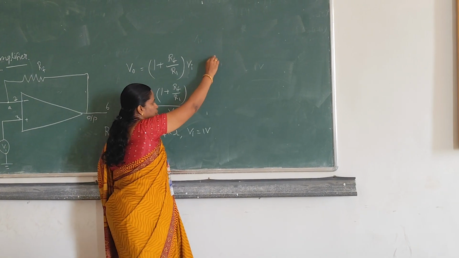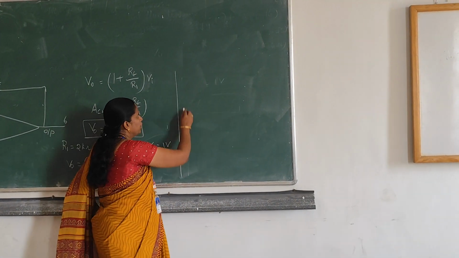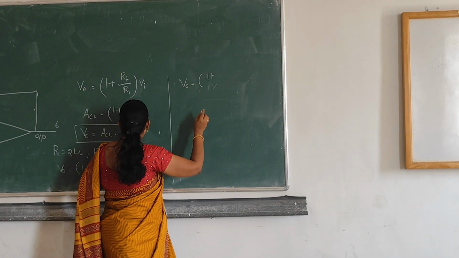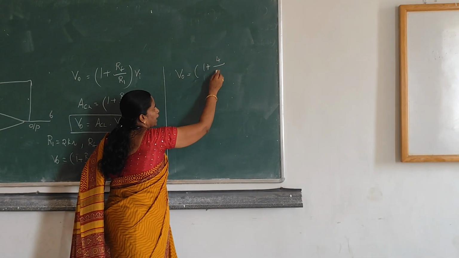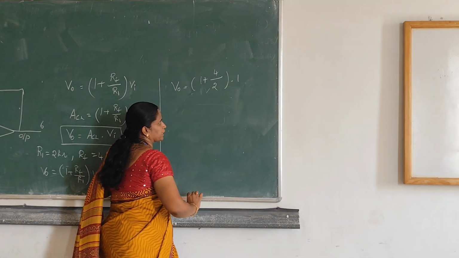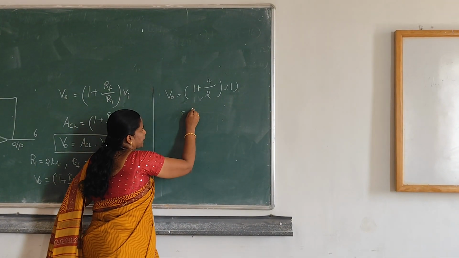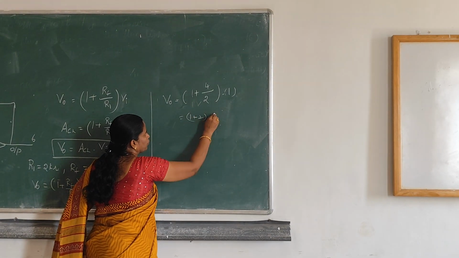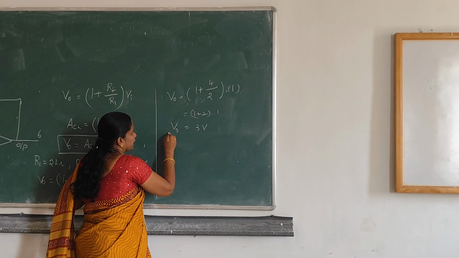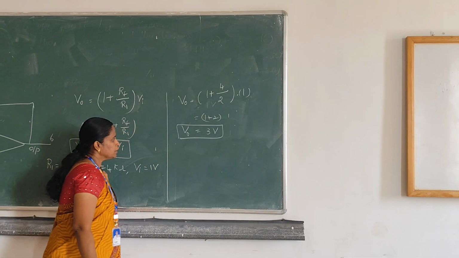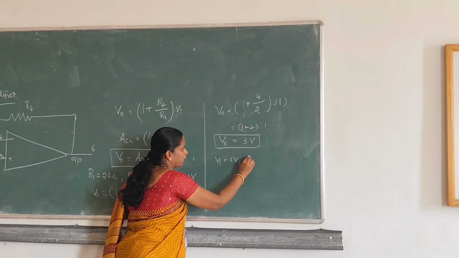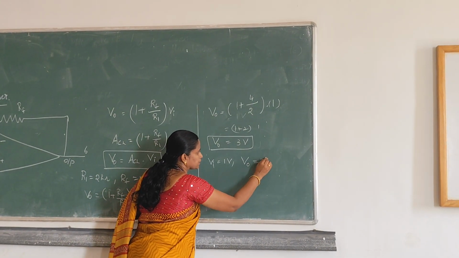Substituting the values, V0 equals 1 plus 4 kilo ohm by 2 kilo ohm into 1 volt, so 1 plus 2 into 1, that is 3 volt. Here we are giving input voltage as 1 volt and getting output V0 as 3 volt.